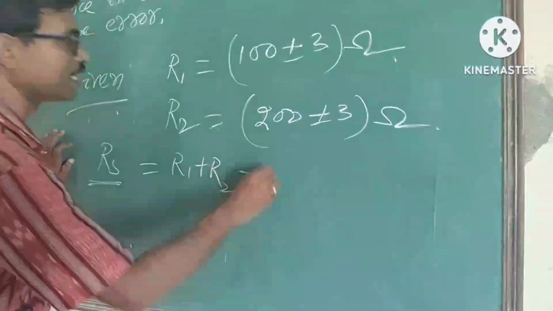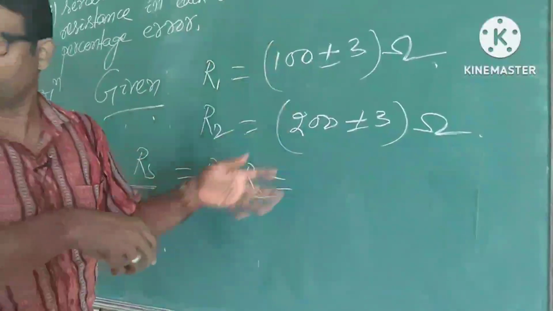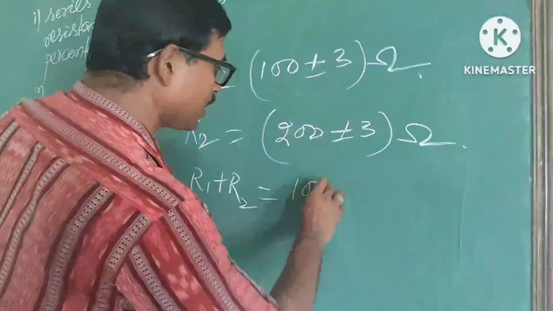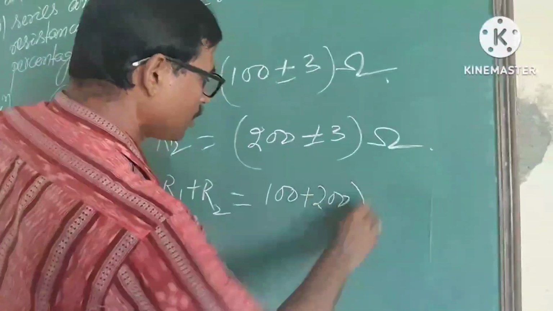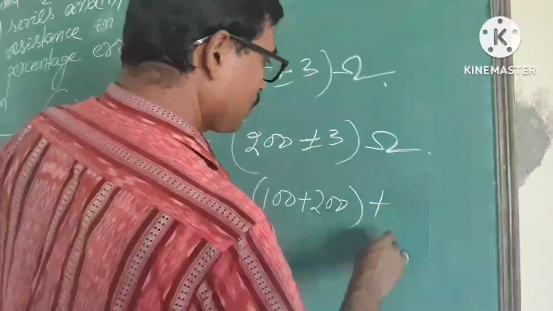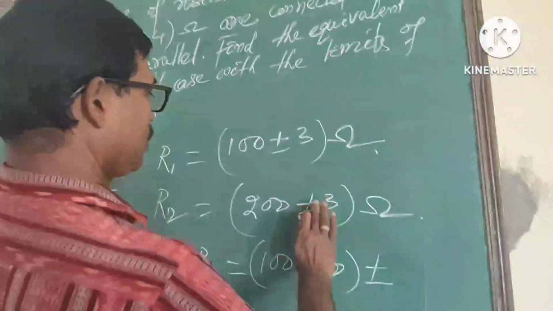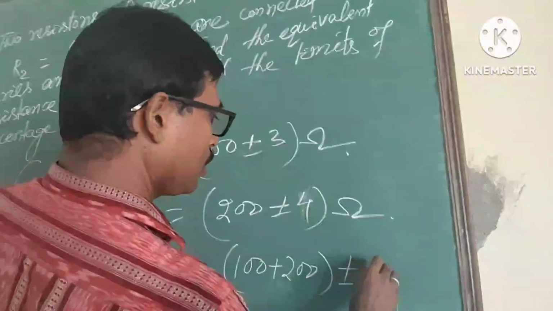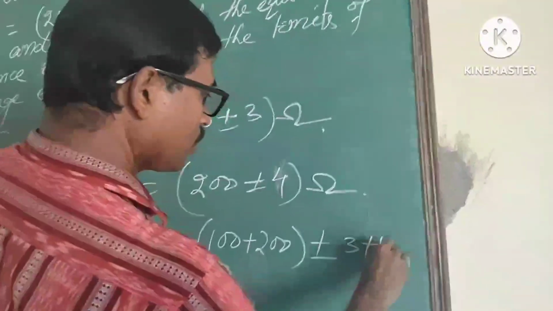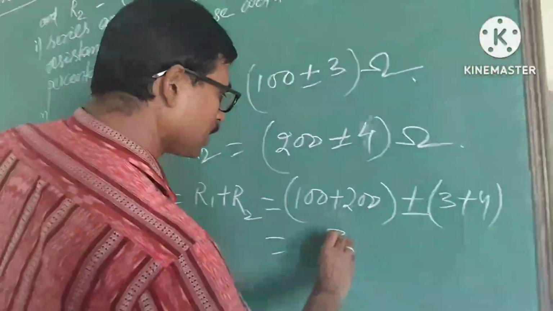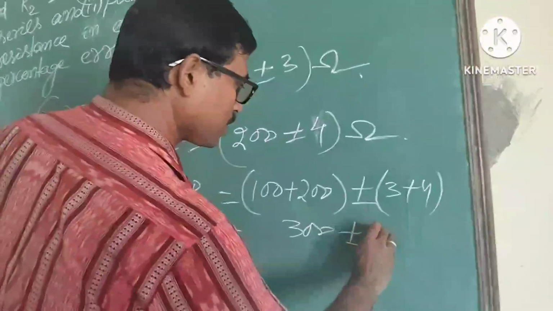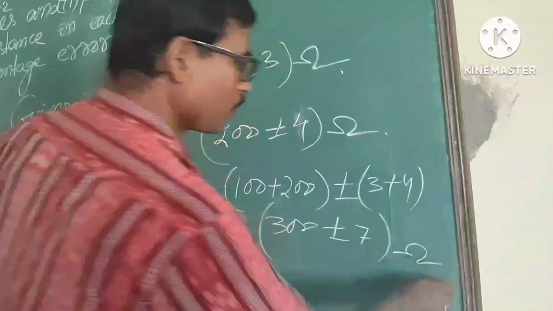So no need to write again, you can write 100 plus 200 plus minus, that is how much? 3 plus 4. So that is 300 plus minus 7 ohm.